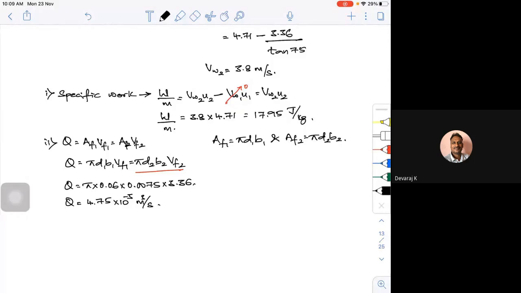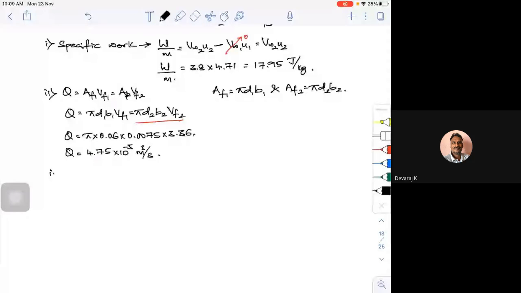Now what is the other quantity I need to find? It is the power required to run your pump. So the power P is what actually? Your mass flow rate into your specific work. Specific work we have just found is 17.95, but I don't know the mass flow rate. So what is your mass flow rate?